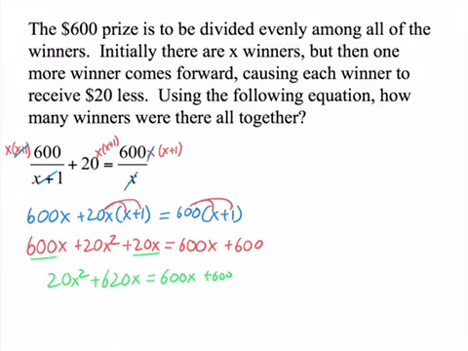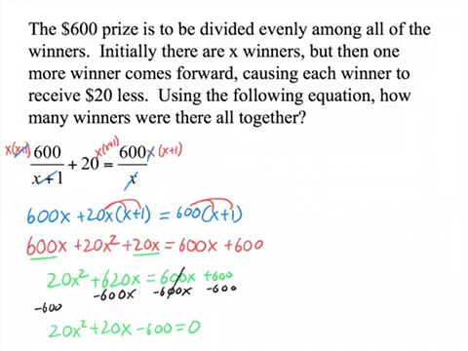Now, can I minus the 600x over? And also minus the 600 over, so I just have this minus 600 floating. So what I have here is 20x squared plus 20x minus 600.